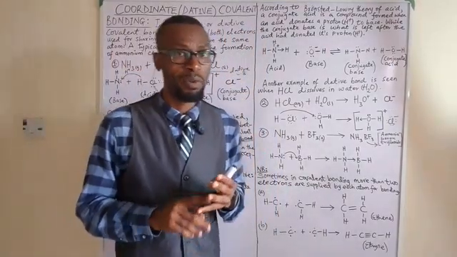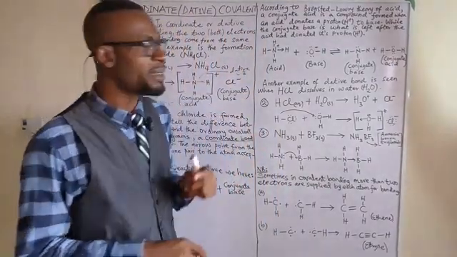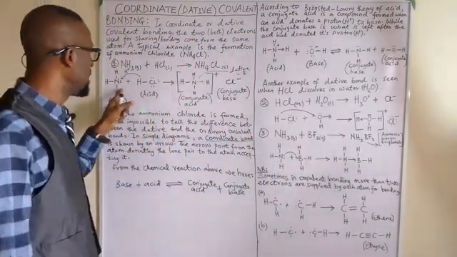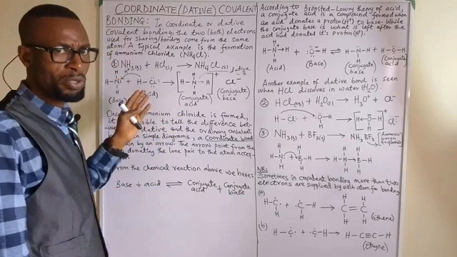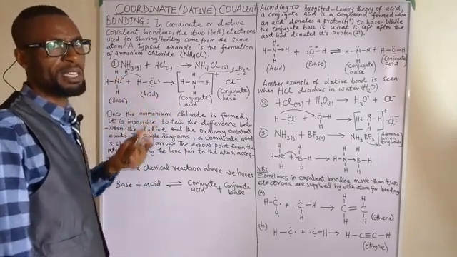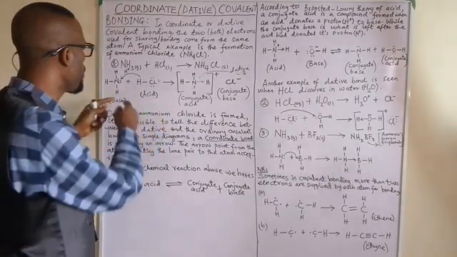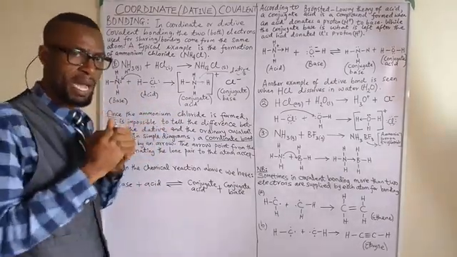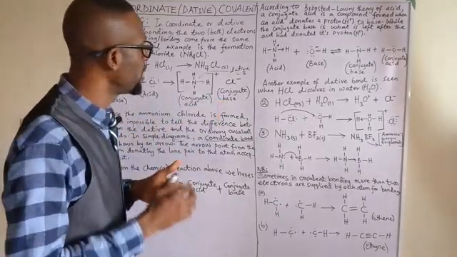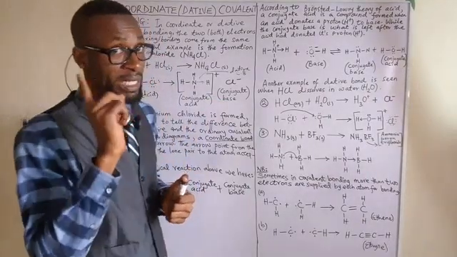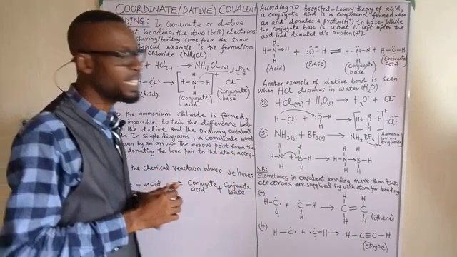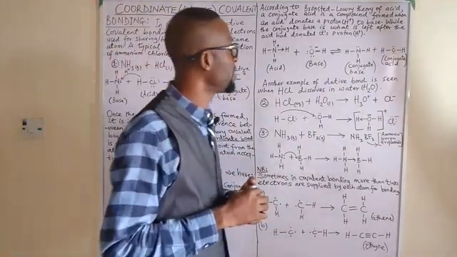Again, I've talked about the Bronsted-Lowry theory, which tells us that a conjugate acid is made when you protonate a base. The proton used in protonating the base comes from an acid. So the product of a base that has a proton attached to it is called a conjugate acid, and a conjugate base is what is left behind after an acid must have deprotonated or donated its proton to a base. I believe it's clear.